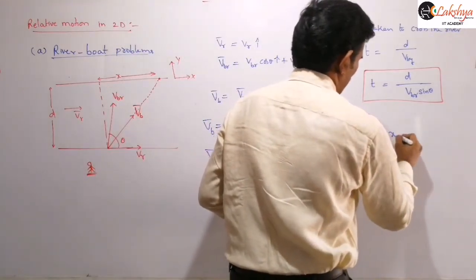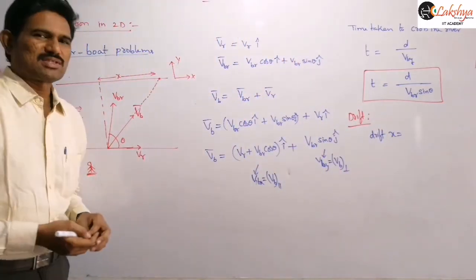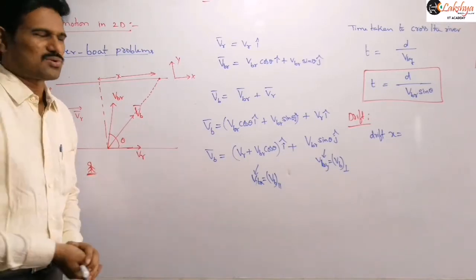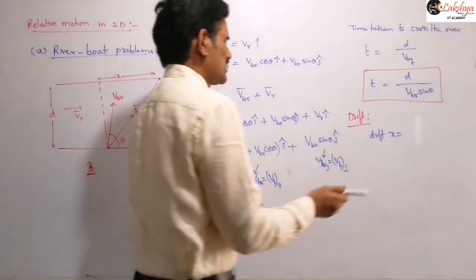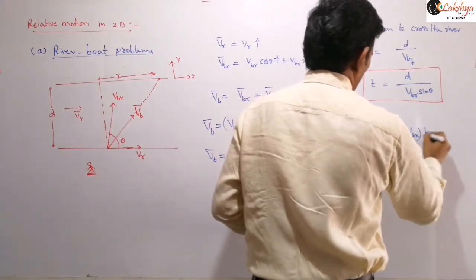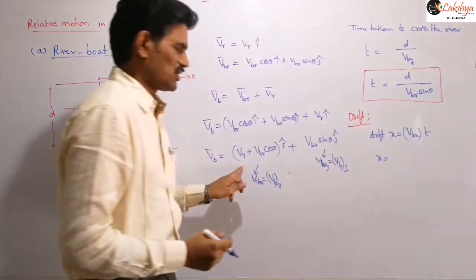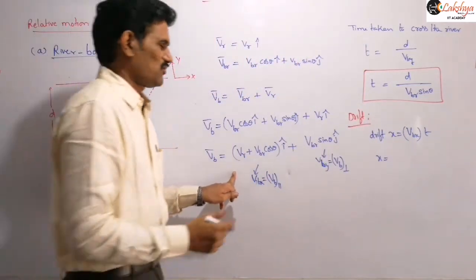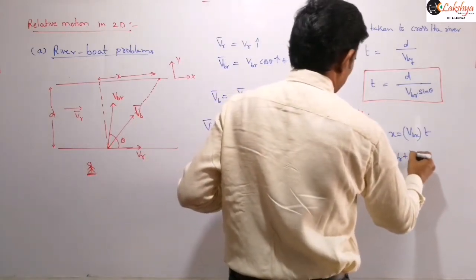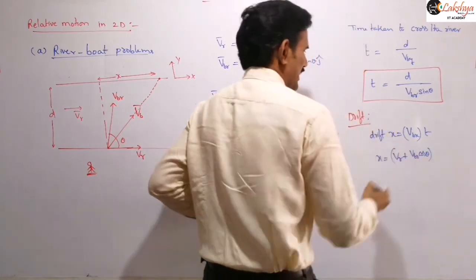Now let us write an expression for this drift. The drift x, using s = ut + ½at² along the x axis, where the acceleration term is also 0, we can write as VBx into t. VBx is, as we mentioned already, the x component of the velocity of the boat, so Vr + VBR cos theta, into t.